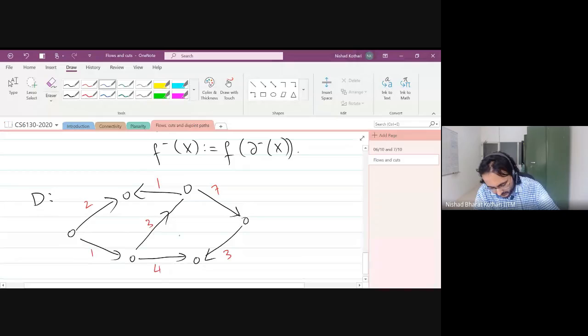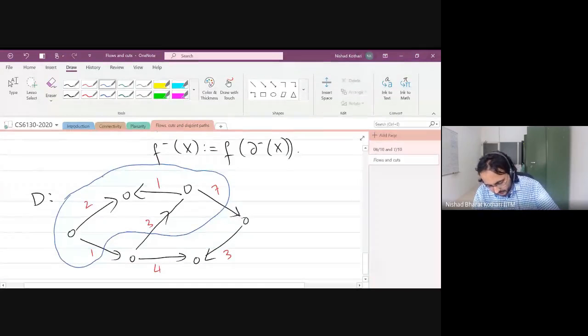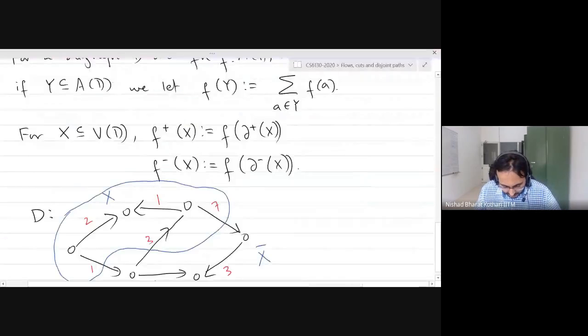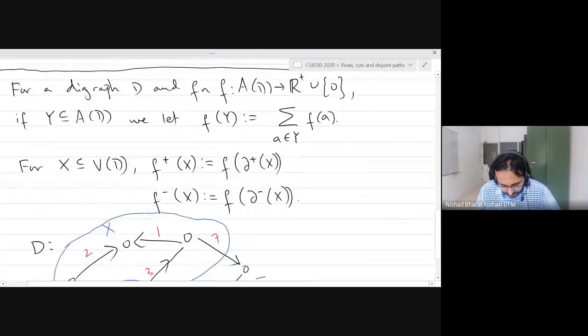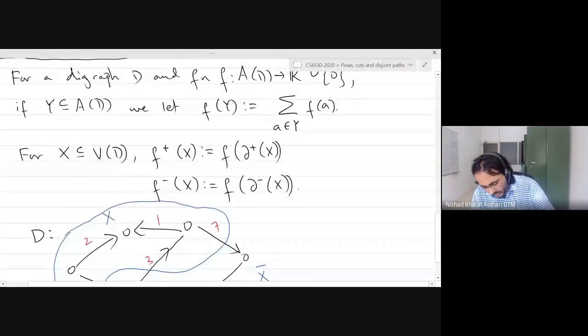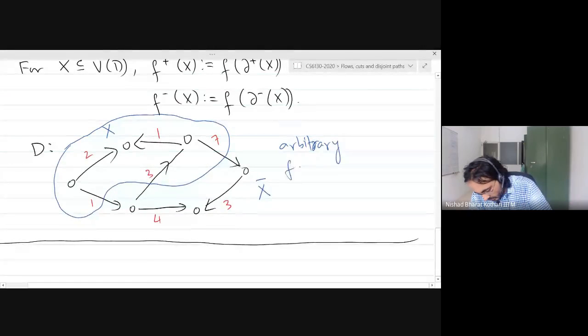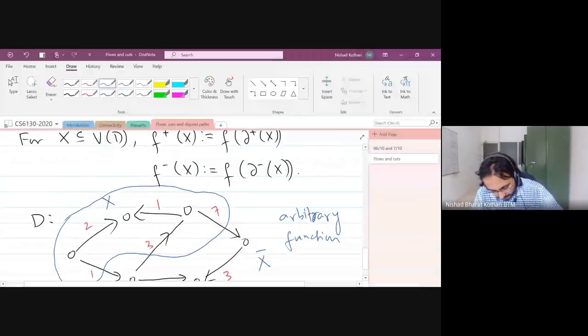And let me look at this set as my x, and this is my x bar. Notice that here, I don't even need an s and a t. Okay, so this is an arbitrary function in red.